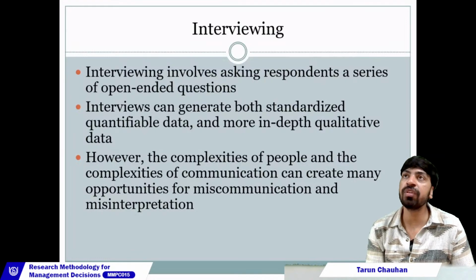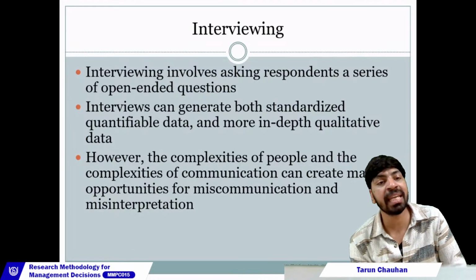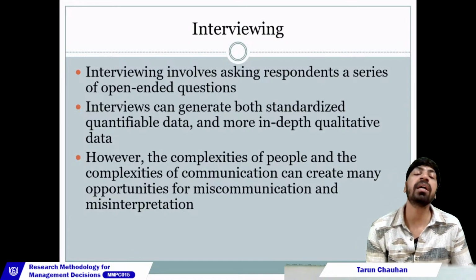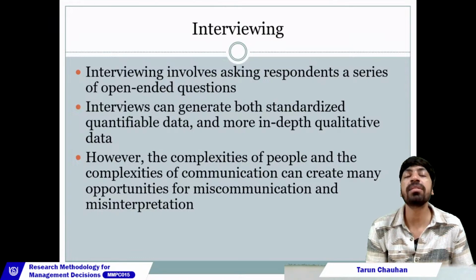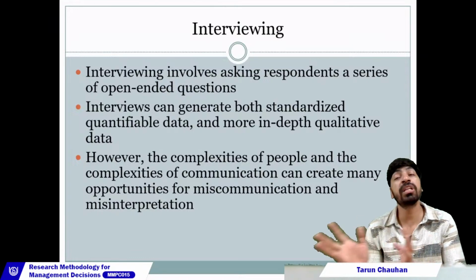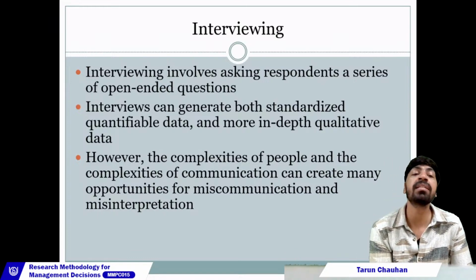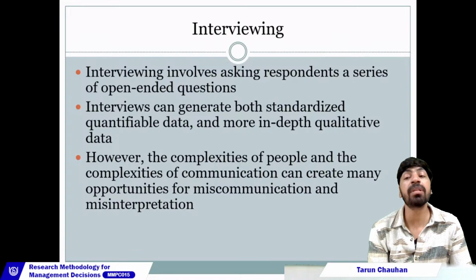Interviewing, or interview, involves face-to-face communication between the interviewer and the interviewee. It also asks questions related to open-ended questions. It can generate standardized and quantifiable data, and of course more in-depth qualitative data as well.